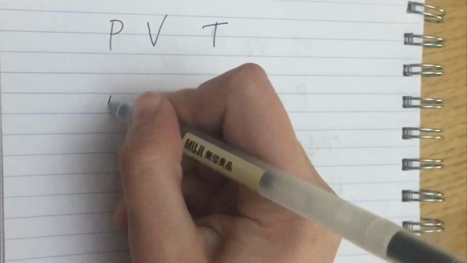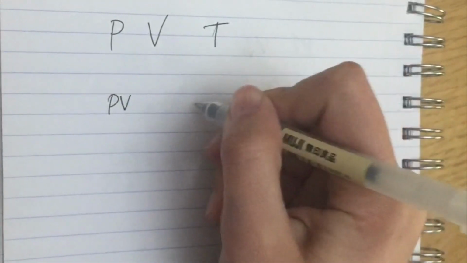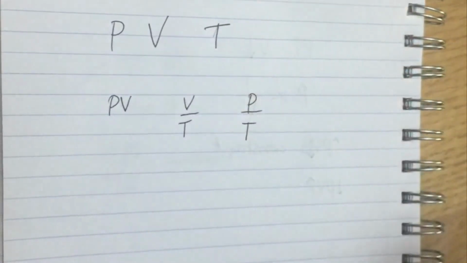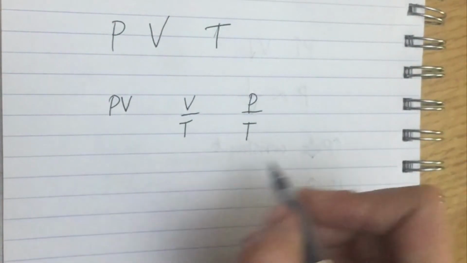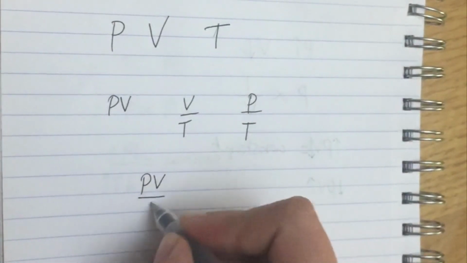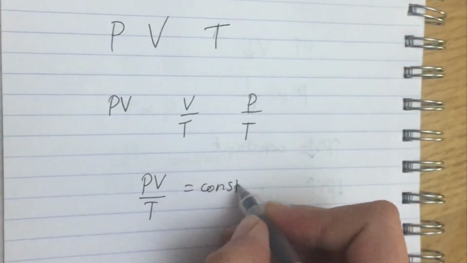Now, to join P, V, and T into one equation, we know that PV has to be constant, we know that V over T has to be constant, and we know that P over T has to be constant. We can combine all of these three together to create one constant, which is PV over T has to be constant.